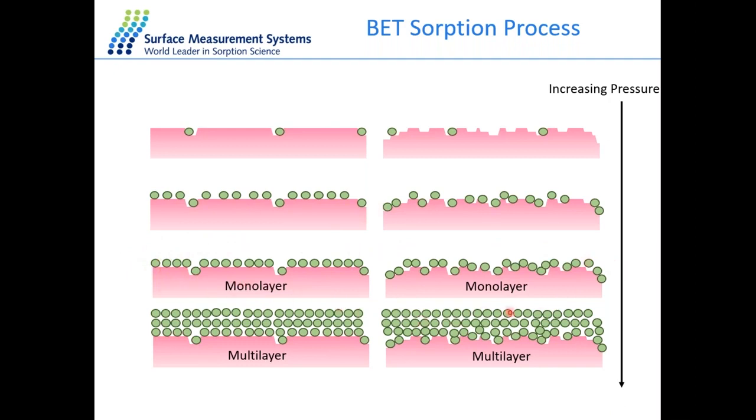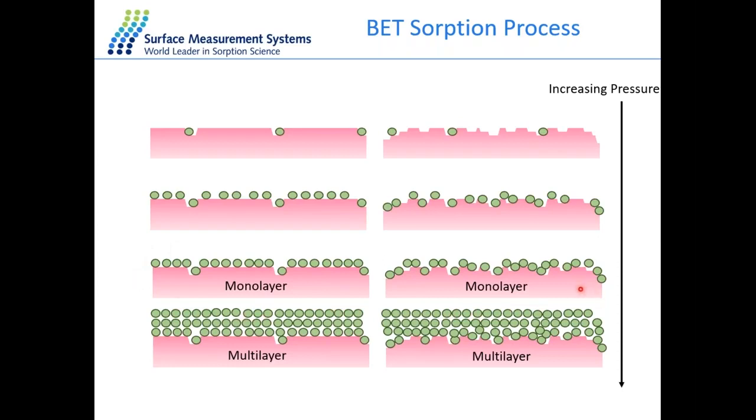So this is the assumption of the BET equation, is that the molecule and the material of interest will form a monolayer. Now, this is a function of both the material and the adsorbate. So not all adsorbates and not all materials will form a monolayer. So this is very important.